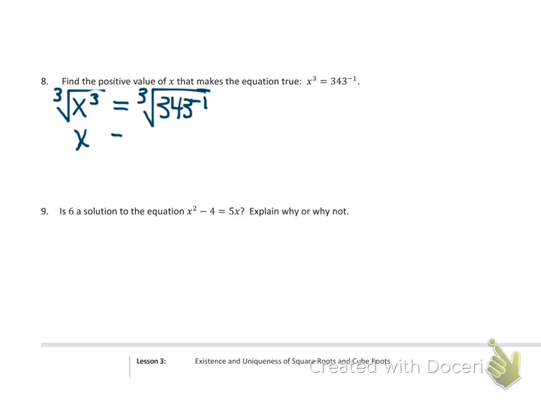All right, and the cube root of that, I'm going to rewrite as the cube root of the fraction 1 over 343. And you might remember from our table that 7 times 7 times 7 is 343.